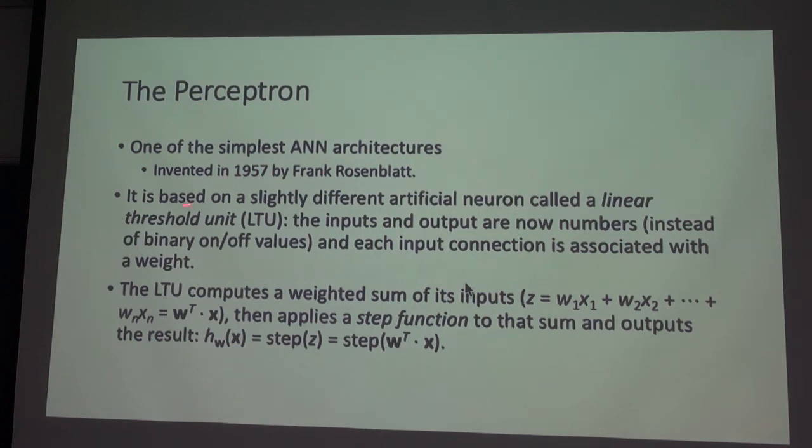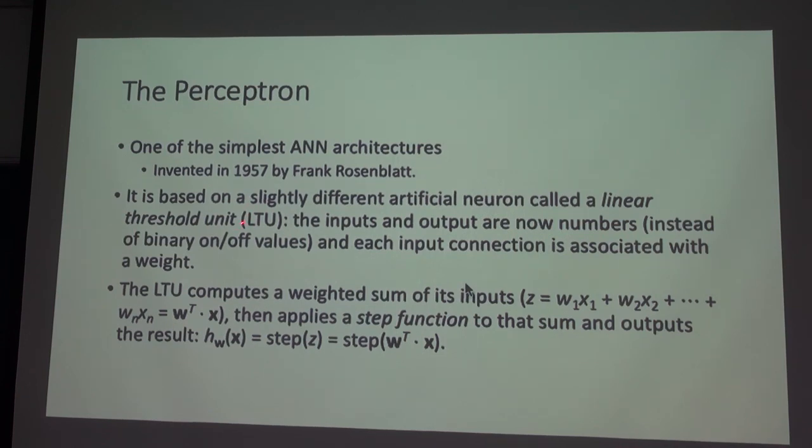It is based on a slightly different artificial neuron called a linear threshold unit. We talked about ReLU, the rectified linear unit, but this one is a linear threshold unit, abbreviated as LTU.